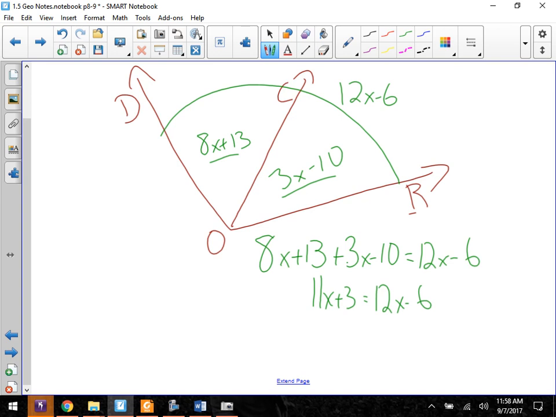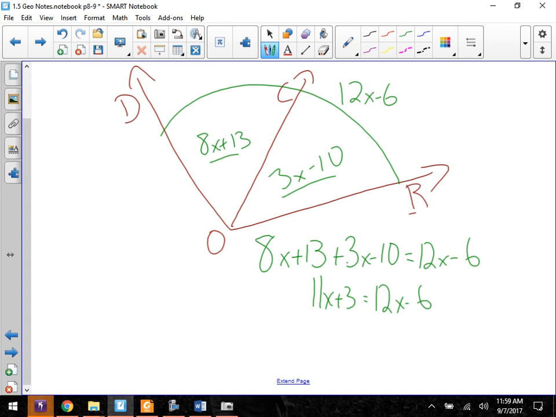Remember, when you have a segment, does it change if you walk from X to Y versus Y to X?